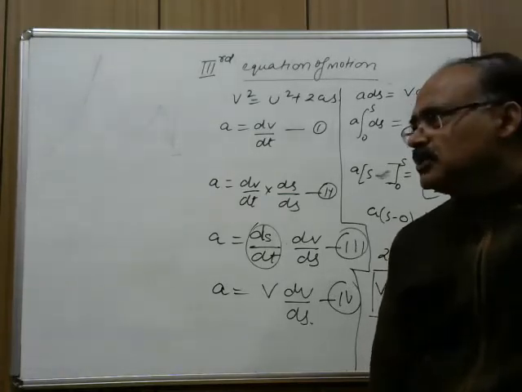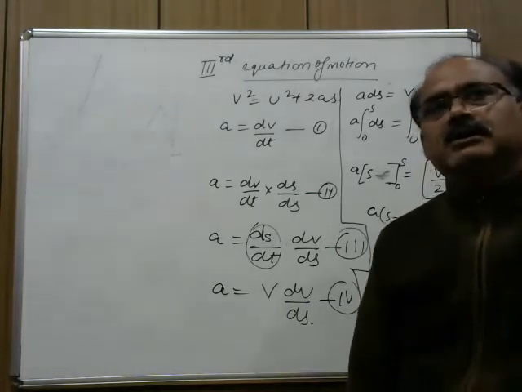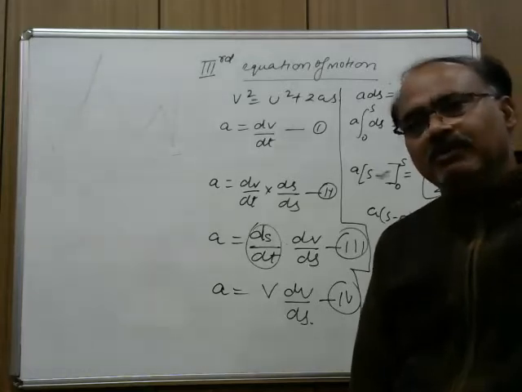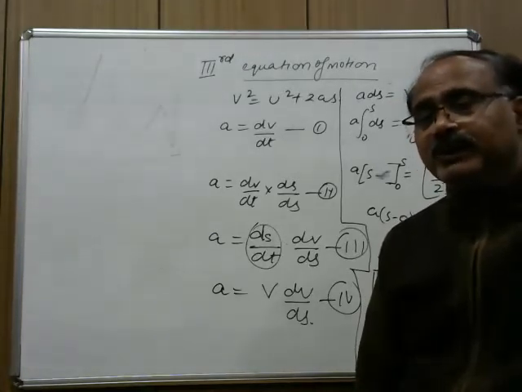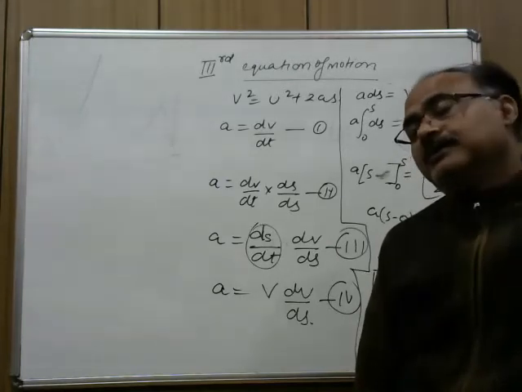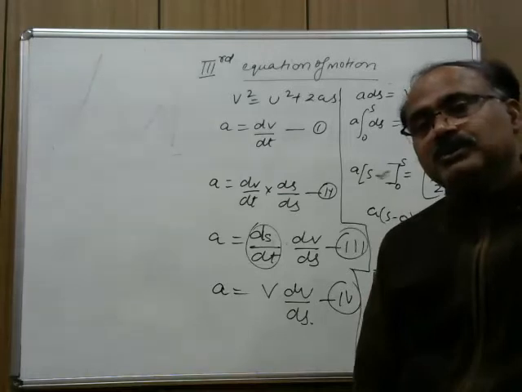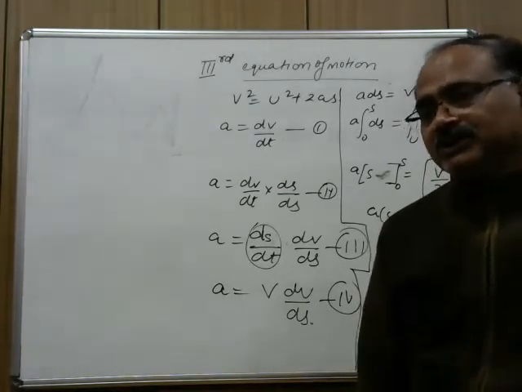Now, the fourth one, the same article, that is displacement of the particle or body in nth second. We can obtain it as under by using the method of calculus or by using the method of integration.